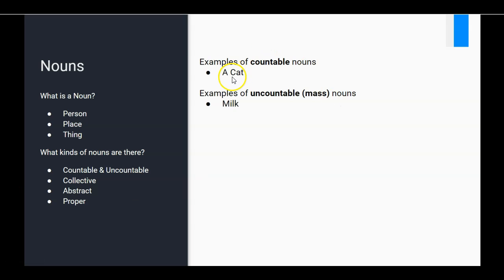In this example, we could say 1 cat, 2 cats, several cats, every cat, most cats. And they can also take an indefinite article, such as a cat, or the other indefinite article, an, so an apple, in languages which have such articles. So again, that's English in our case.